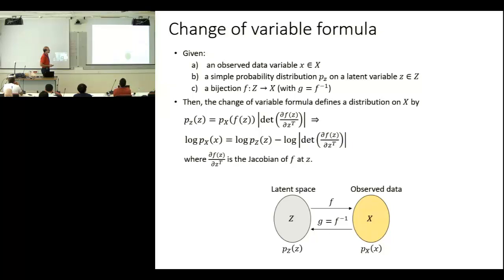Then the change of variable formula is given by this formula, where this derivative is the Jacobian of f at point z.